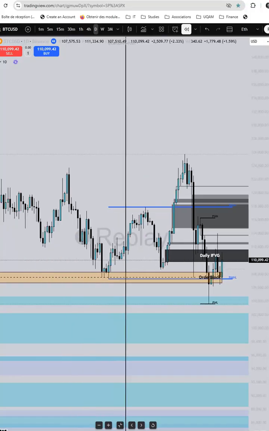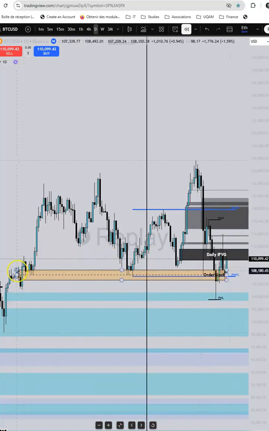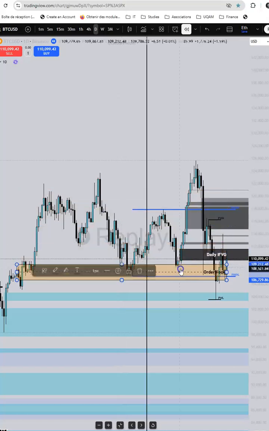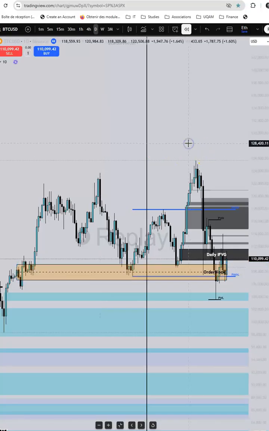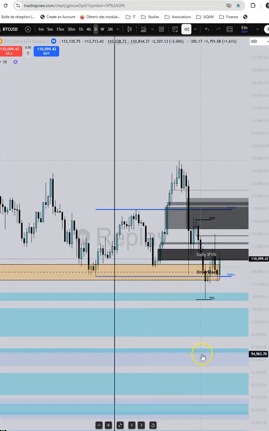Why? As you can see, we have a very strong daily order block. So this is the order block. Price rose from this level, came back again, and rose again. So this is an extremely powerful daily order block, and daily levels, as well as previous highs and lows, FVG, EFVG, order block are extremely relevant in intraday trading and weekly trend.